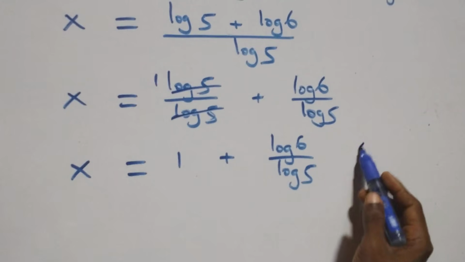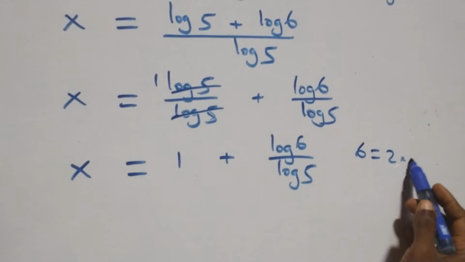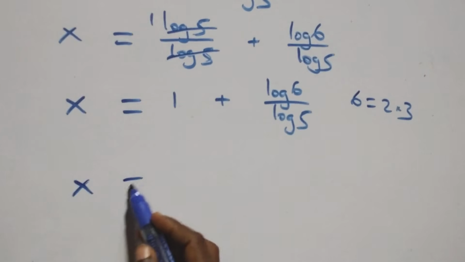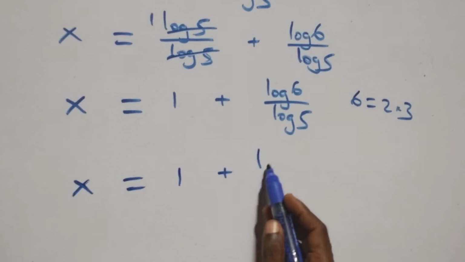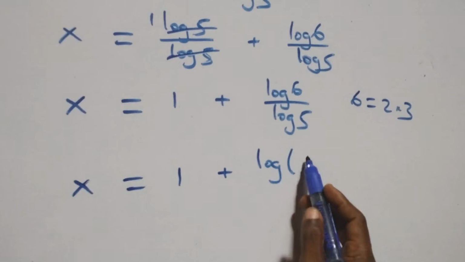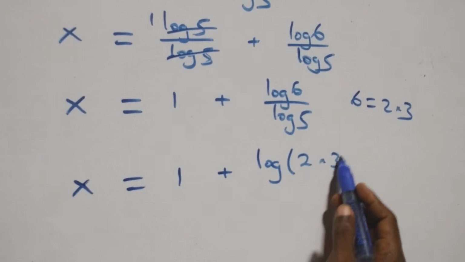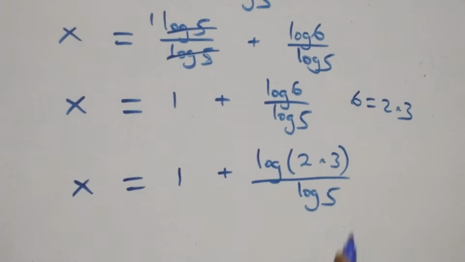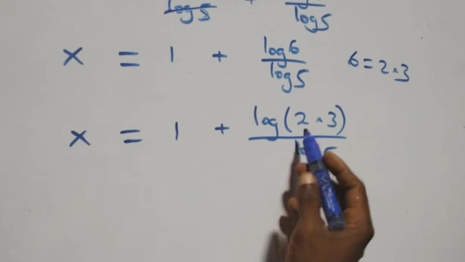Then from here, 6 can be written as 2 times 3. Then what we have becomes x equals 1 plus log of 2 times 3 over log 5. And this also follows the law of logarithm.